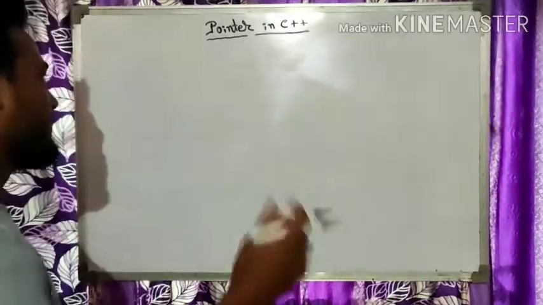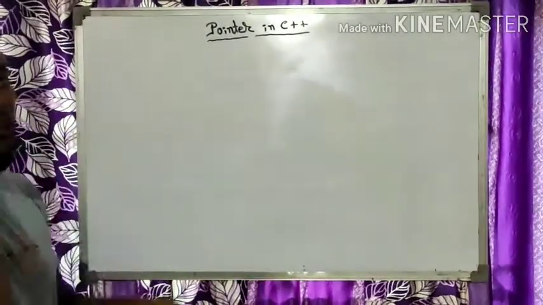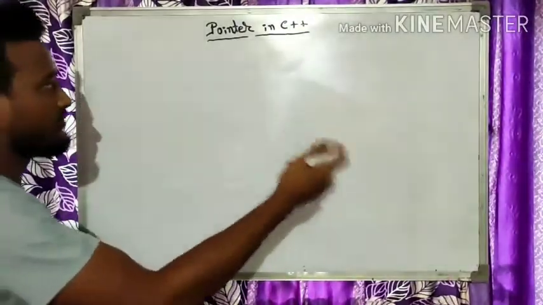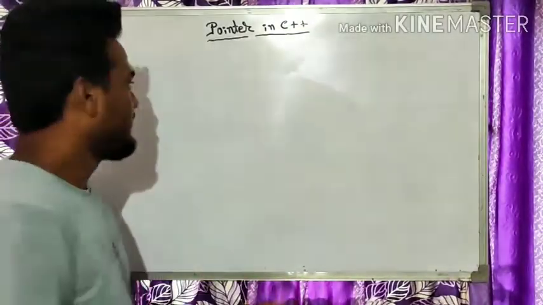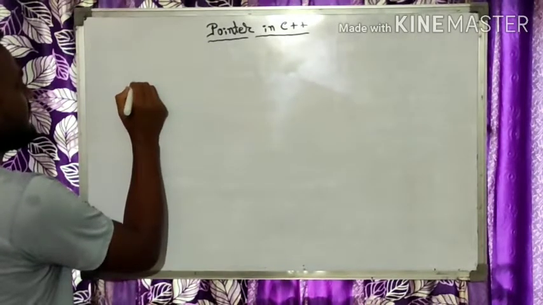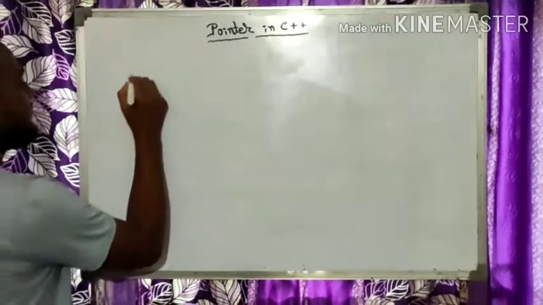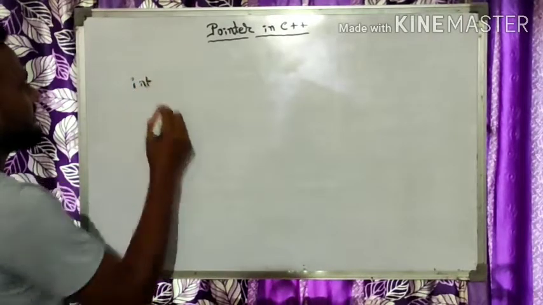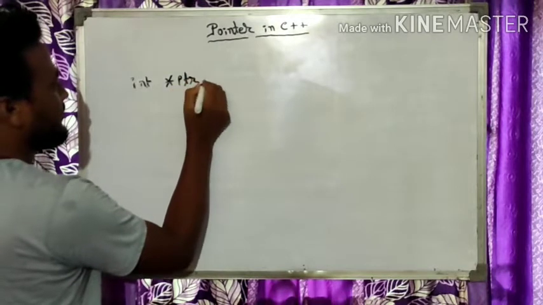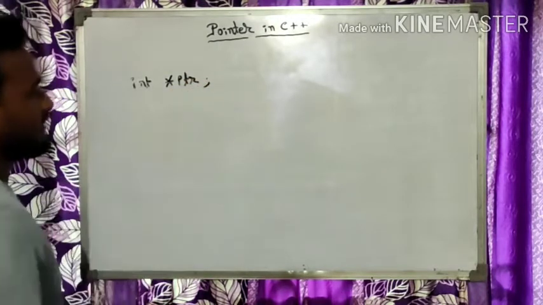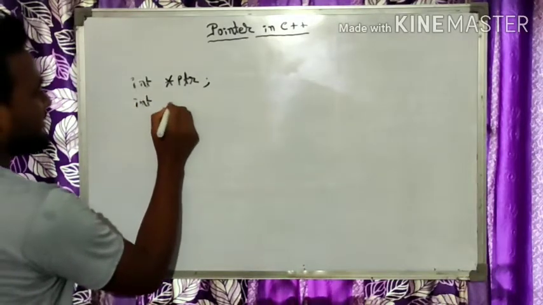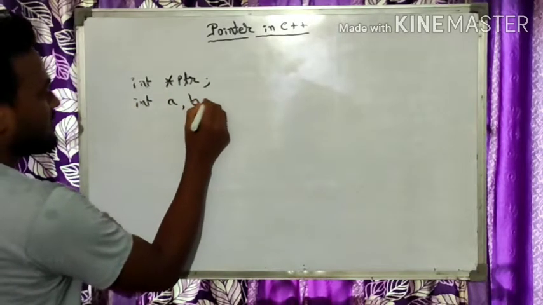In the previous class we have seen how we can declare and assign values. Let's take one example, then we will proceed with the void pointer. Let me declare a pointer variable, integer ptr. Then let me declare two normal variables, integer a and b.